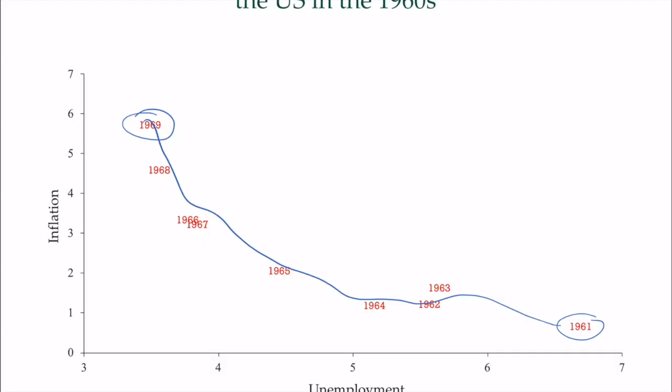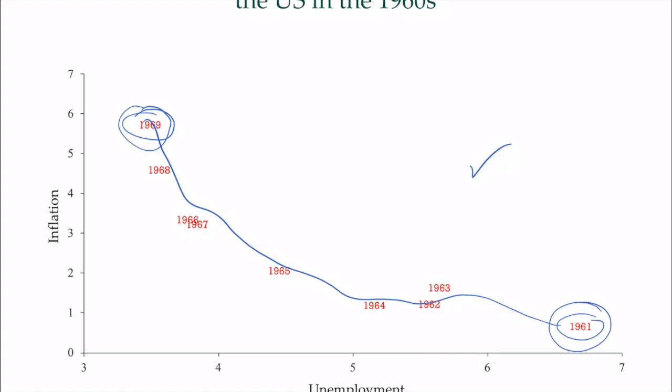Periods where unemployment was high, like in 1961, were periods where inflation was low. As the economy heats up and heads towards 1968-69, where unemployment became very low, inflation picked up. Now, this is a clear validation that the Phillips curve exists, and we observe in reality a negative correlation between these two variables.